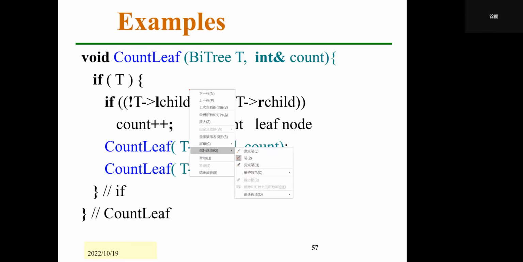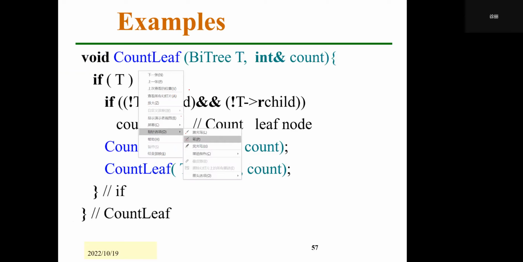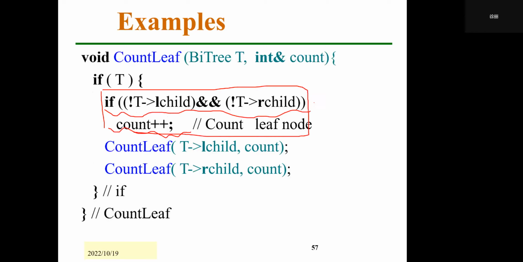As we have talked about here, we use pre-order to resolve this problem. Do you remember this place? In pre-order, we just write printf p data, and now we can write an if to check whether this node is a leaf or not.